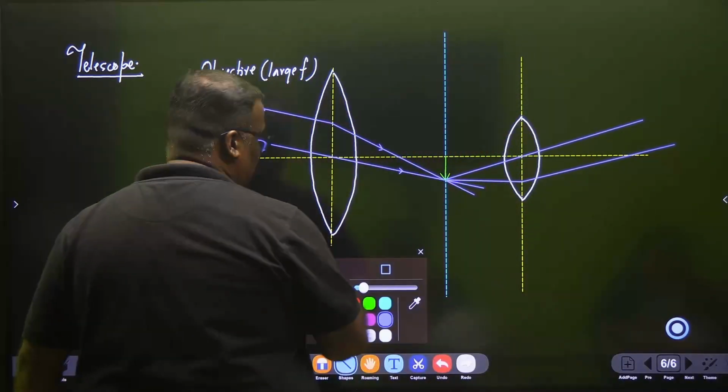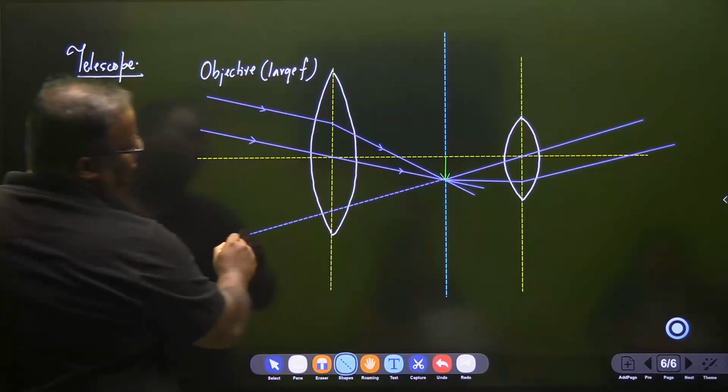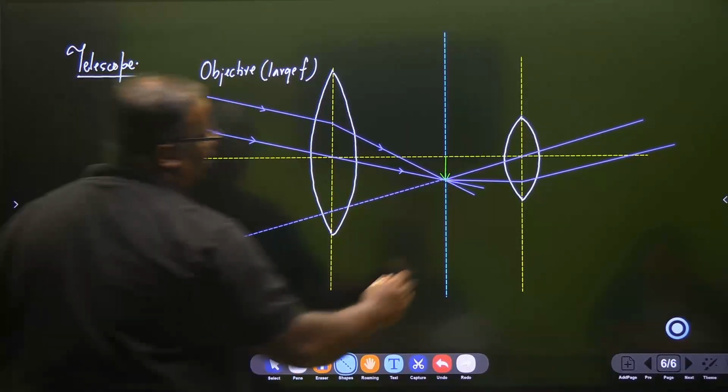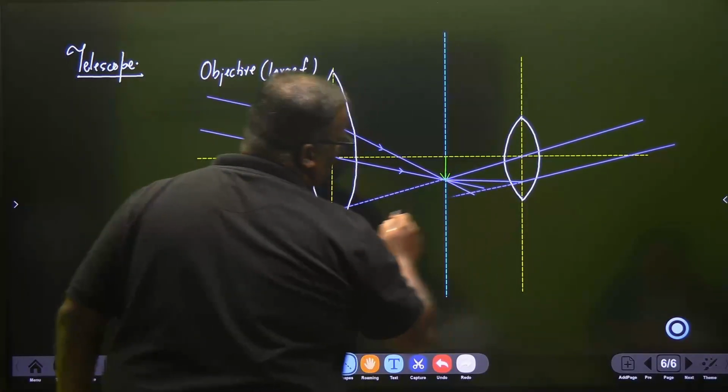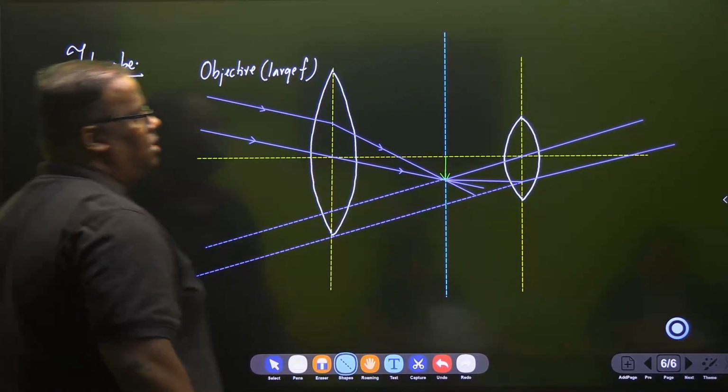Image is formed at infinity. This is the criteria.